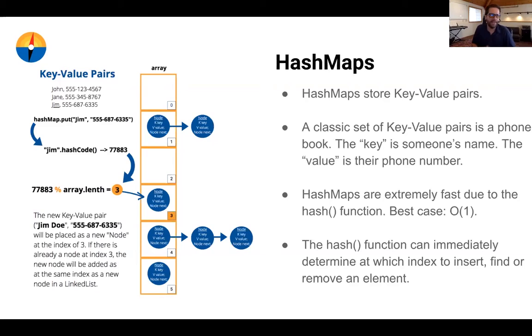Keys are typically something simple like a string, like the name of a country or somebody's name, right? But the value can be anything. It can be as simple as a phone number. It could be some really complex object that has a lot of other objects composed within it, right?